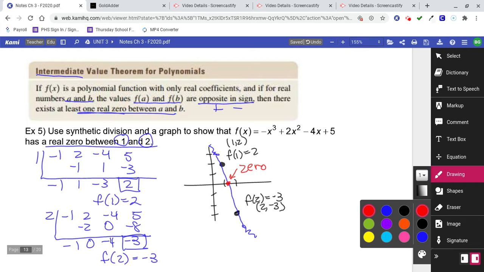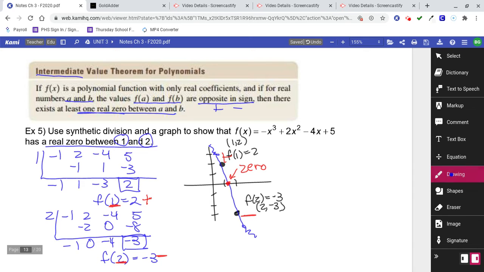And so all the intermediate value theorem says is that if you plug in a number and get a positive value, and you plug in a different number and get a negative value, that means we're up here in positive and down here in negative. There has to be a 0 in between. And that makes perfect sense.